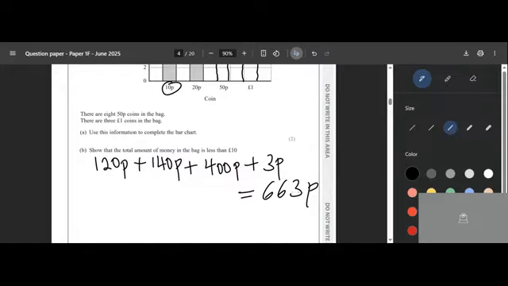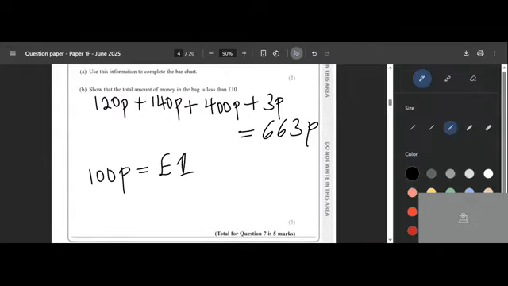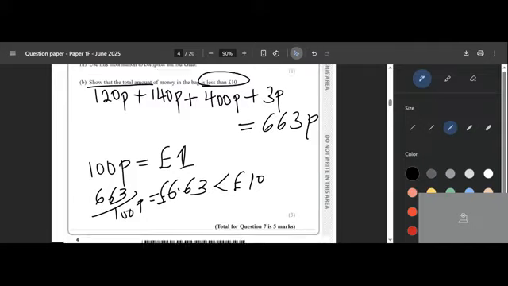But you know that 100 pence will give me 1 pound. Therefore, I just have to divide this by 100. It gives me 6.63 pounds. So we have shown that the total is less than 10. Therefore, 6.63 is less than £10. Just something like that will award you the 3 marks for that question.